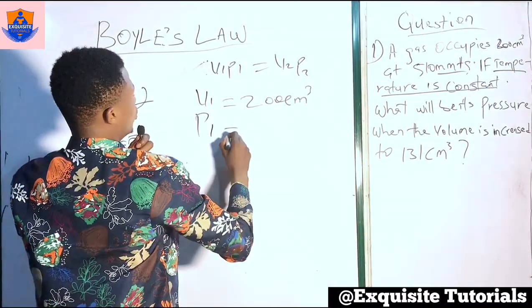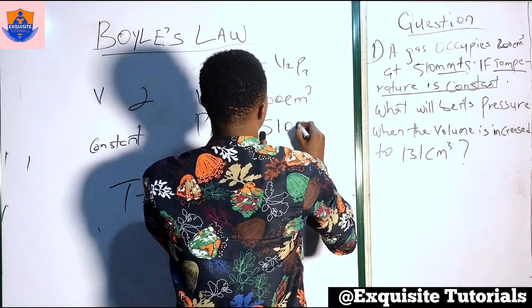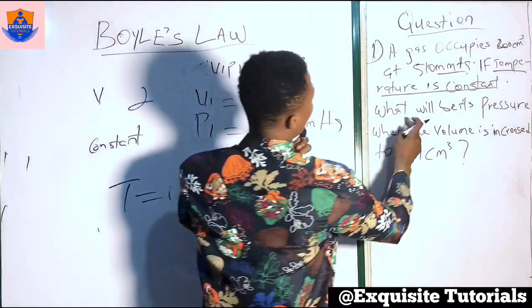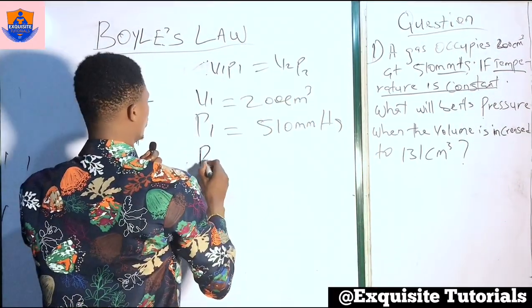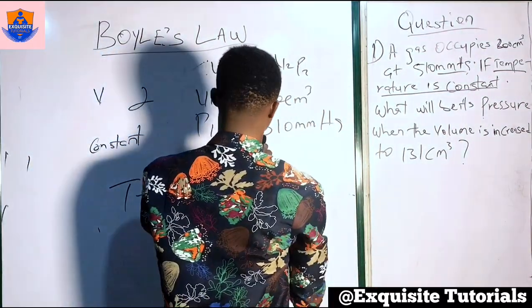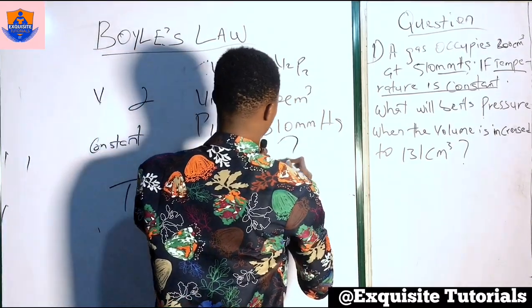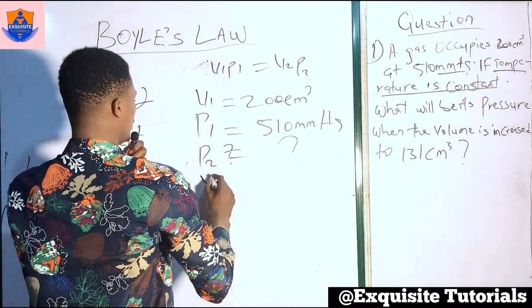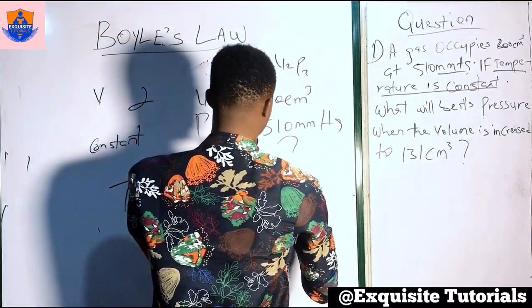P1 is equal to 510 mm mercury. We are asked what will be the pressure, which means P2 is unknown. And volume is increased to 131, so V2 is equal to 131.